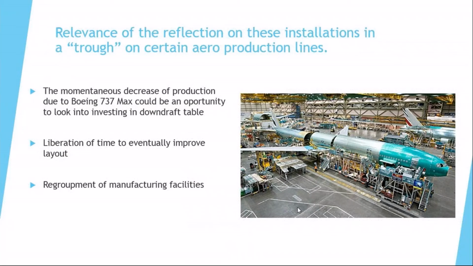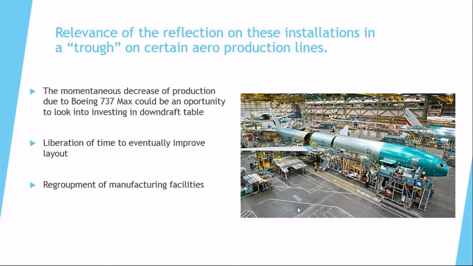This presentation has the purpose of presenting the aspiration at source, because for some of the companies working in the aeronautical industry, we are in a trough of production, which means that we have more time to concentrate on projects that are not focused on production, on having to produce now, but that will give an improvement in your process, such as the downdraft table.